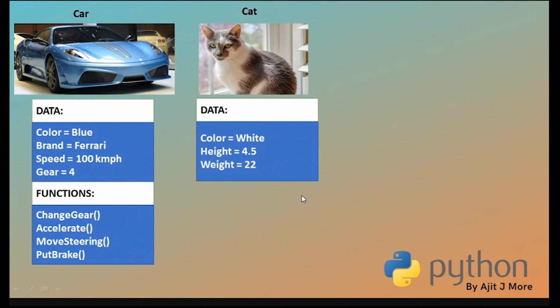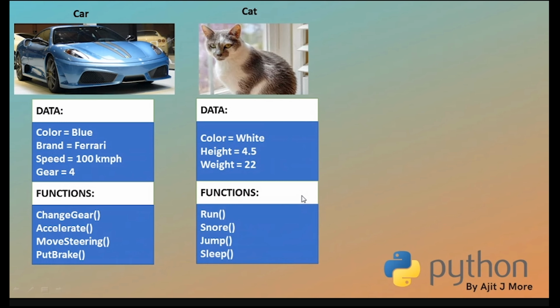So I have done the observation like cat is having color, its height, its weight. Then does cat also have some behavior? A cat sleeps, it snores, it jumps, it runs, isn't it? So few I have put. And are these behaviors of cat going to manipulate the data or access the data? Yes.